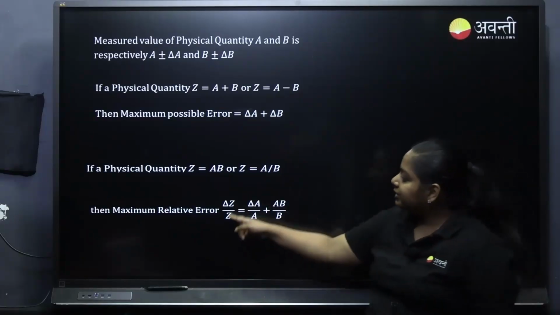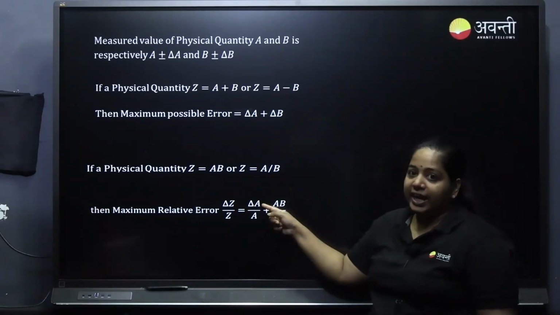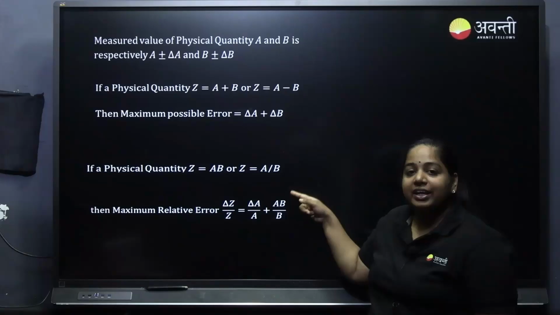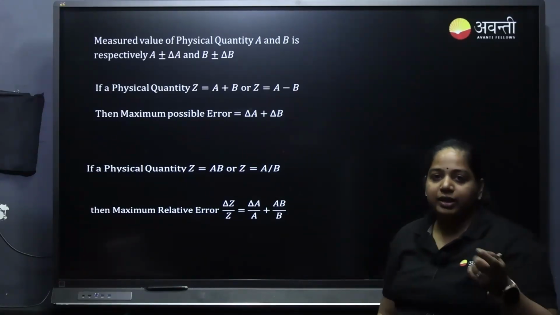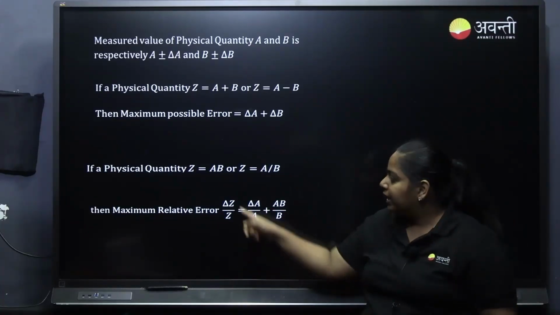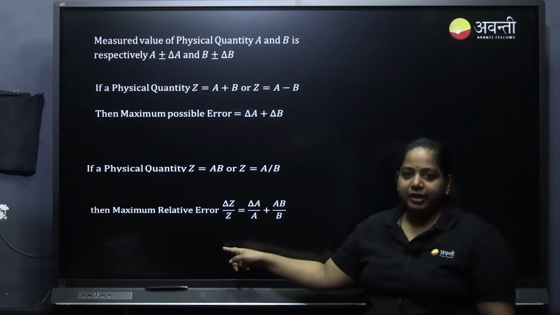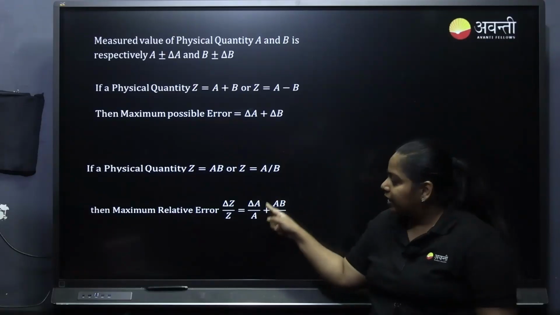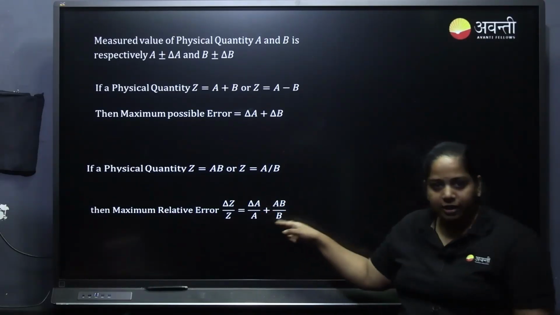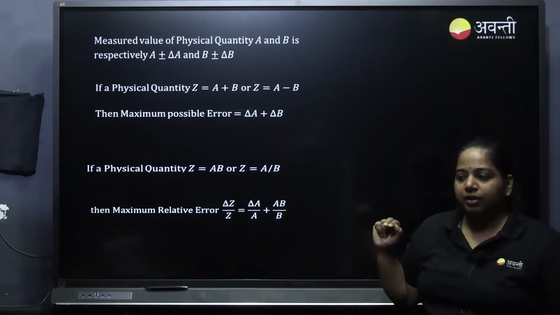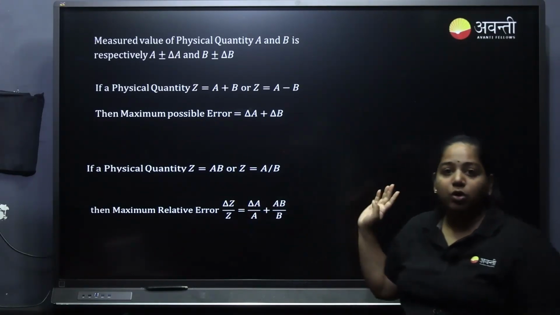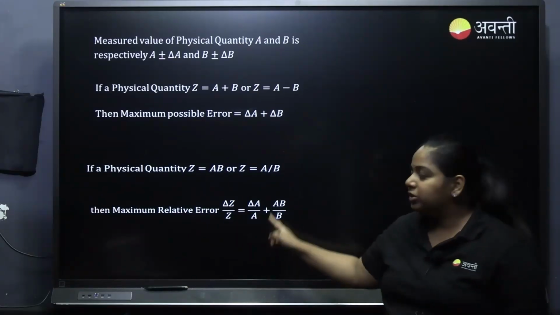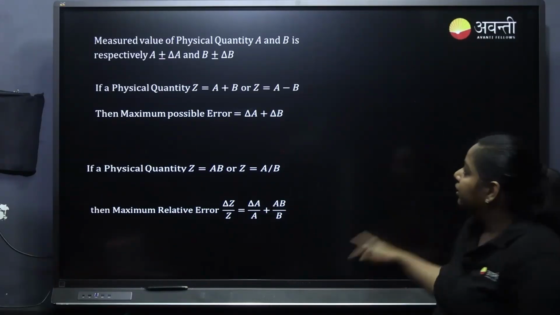So delta z by z is equal to error in A by A plus error in B by B. So if we are finding work done equal to force into displacement, error in work done by work done equals error in force by force plus error in displacement by displacement. This is applicable for multiplication or division. We don't have to change sign or anything.